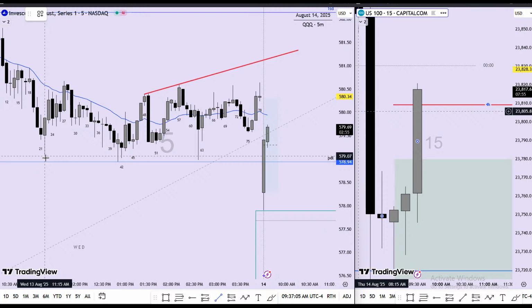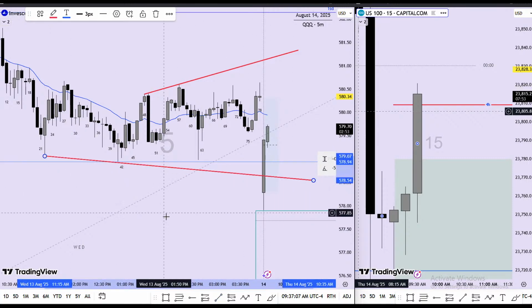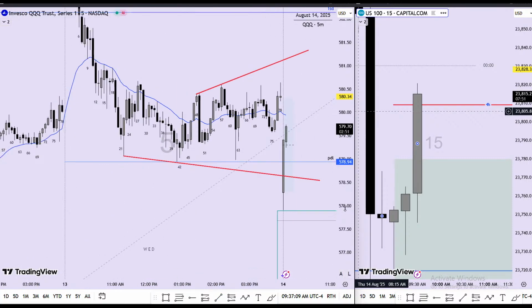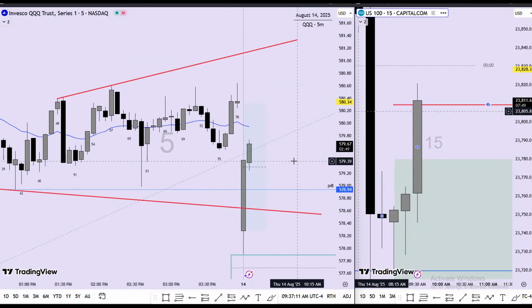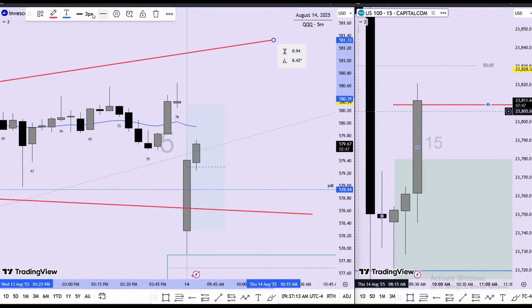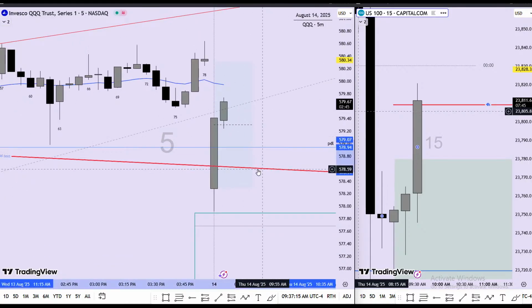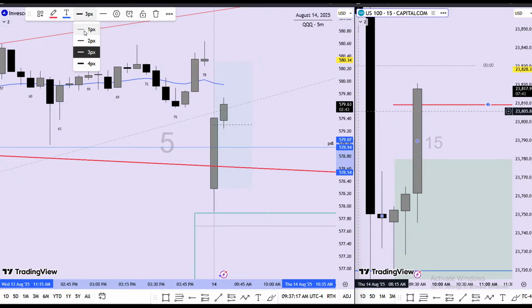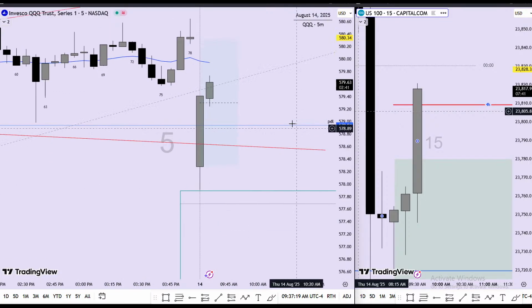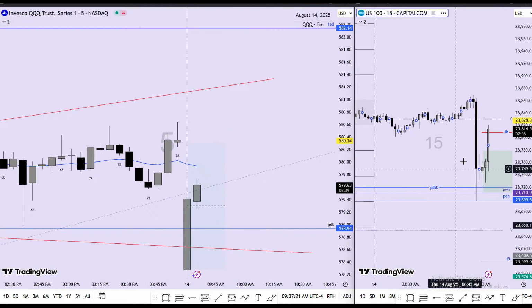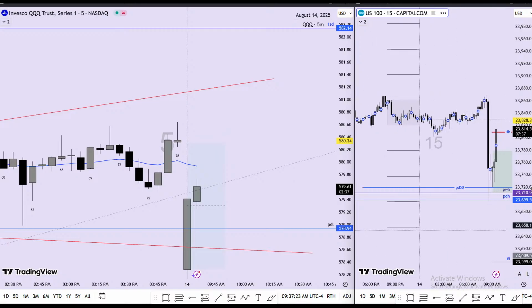It's not a perfect shape, but the essence is there. So I would love to take a scalp aiming for the easy target, which is the Asian highs.